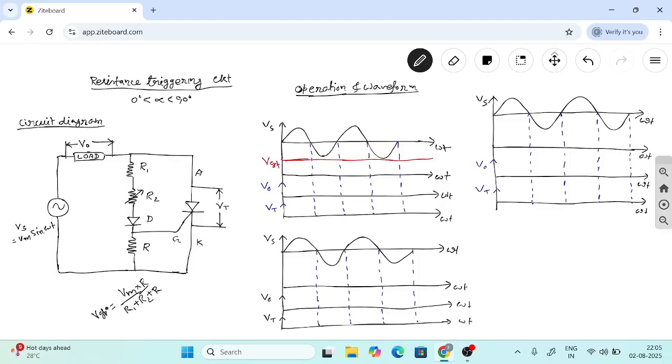VGP, gate peak voltage, is actually the voltage across R fed to the SCR gate to turn on the device. If supply voltage is sinusoidal, obviously voltage across R is also sinusoidal, and Vg, the voltage across R, we can write as VGP sin omega t.